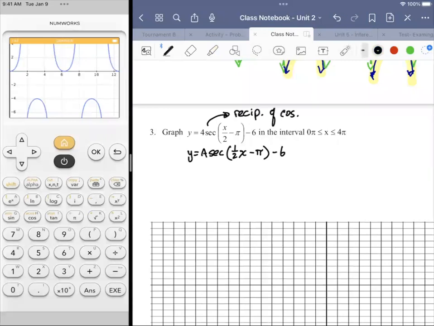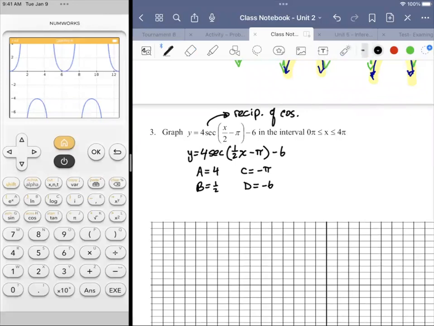Sorry, that's like a weird happenstance. It occurs to me probably more than anybody else on the planet. Every now and then my 4s become A's and my A's become 4s. I don't know. So the A is 4. The B is 1/2. C is negative pi. And D is negative 6.